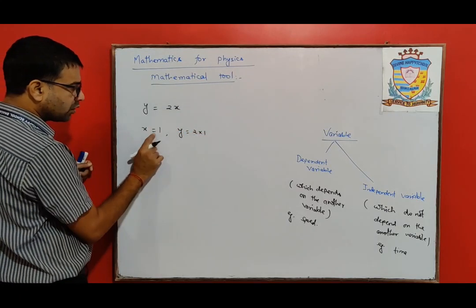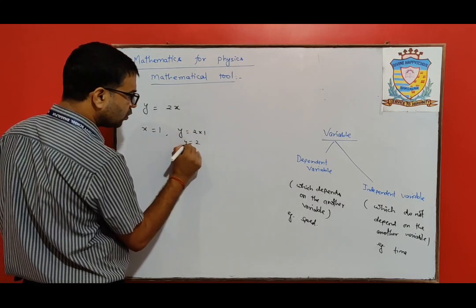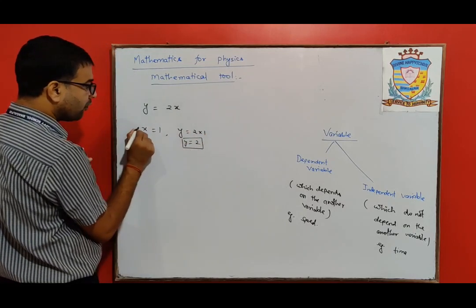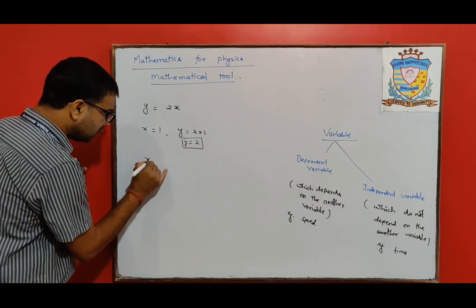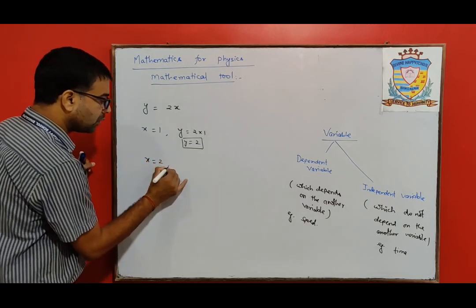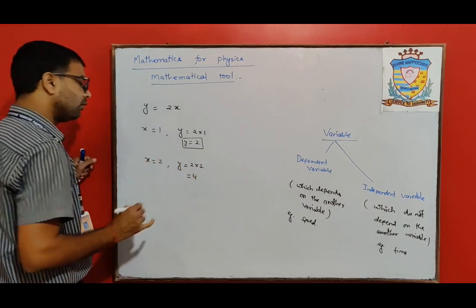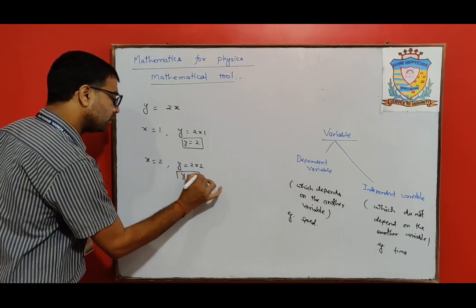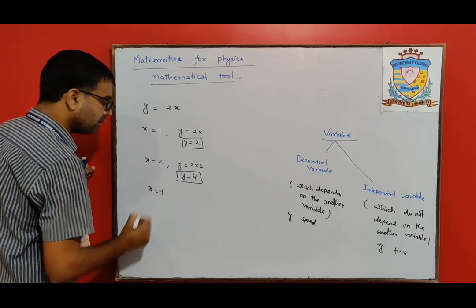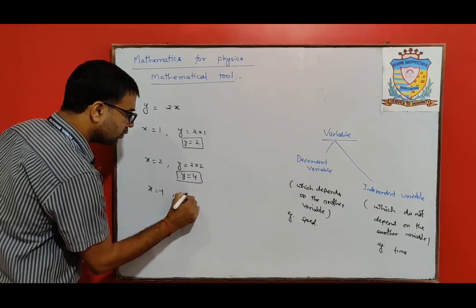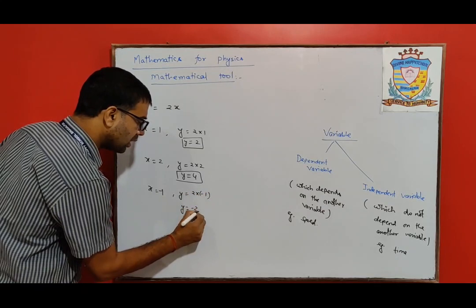In place of x we have 1, so y is equals to 2 for x is equals to 1. Clear? Next, if we give x is equals to 2, y is equals to 2 into 2, that is 4. For x is equals to minus 1, y is equals to 2 into minus 1, so y is equals to minus 2.